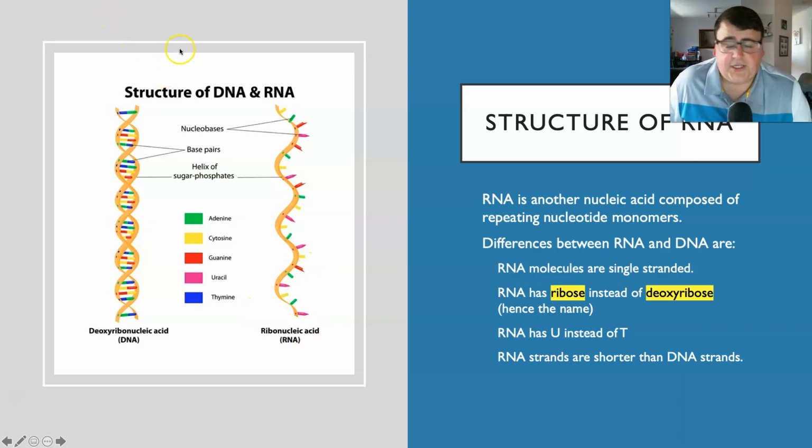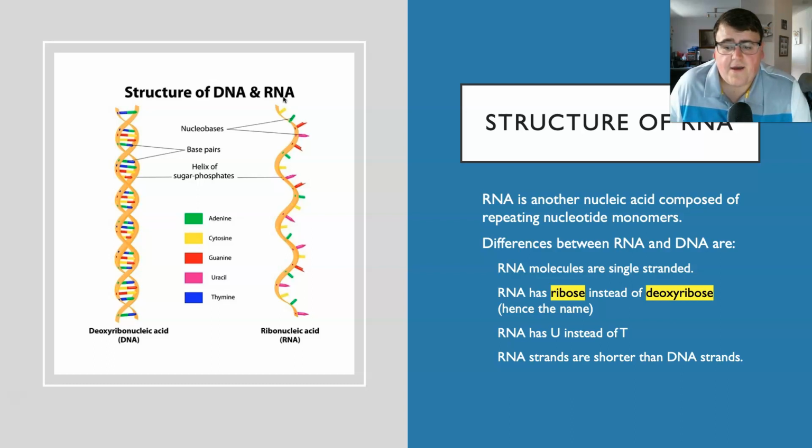The next big change here is in the name. We've got DNA and RNA, deoxyribonucleic acid, and ribonucleic acid. That means that DNA actually has deoxyribose, whereas RNA has just ribose. Like we discussed in the last video, they have different bases.